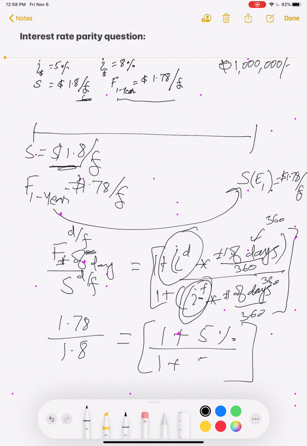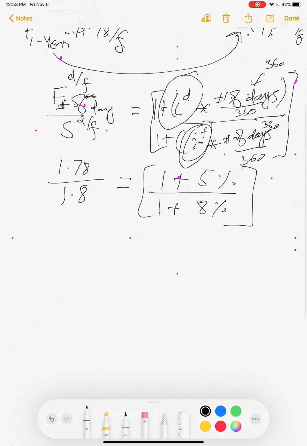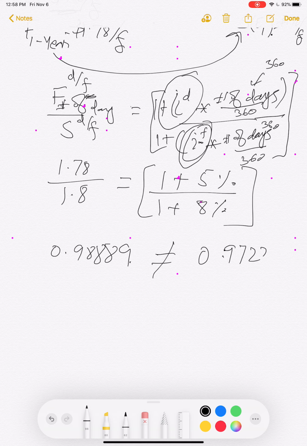You can convert this into decimals, and if you do the calculation, you will find that both sides of the equation are not equal. So in fact, this is not an equation, there is an inequality. Left hand side is not equal to the right hand side.